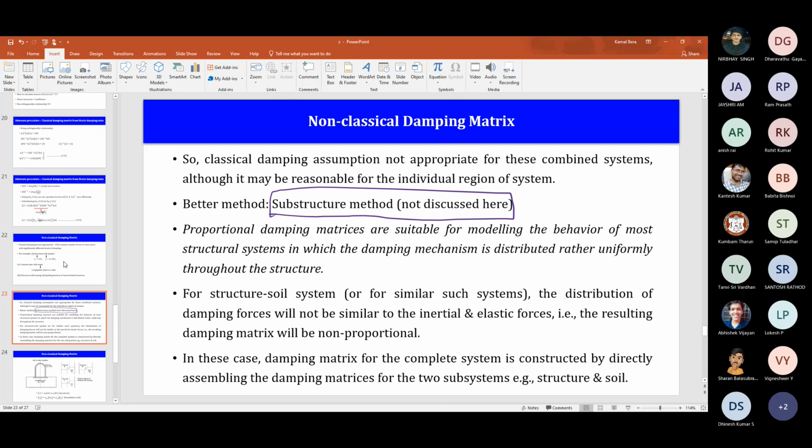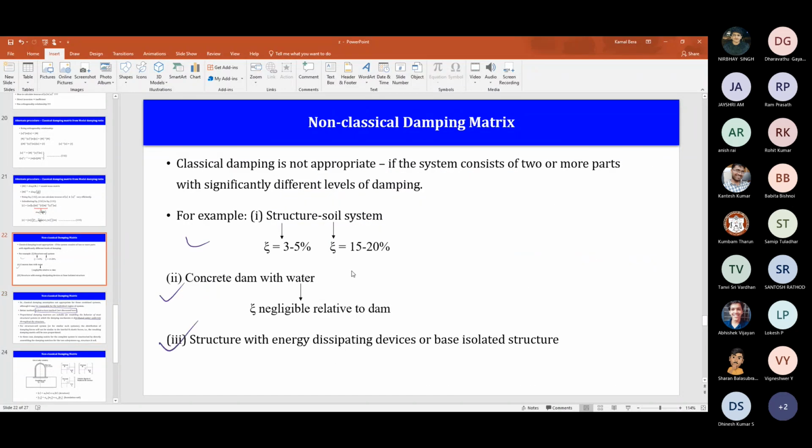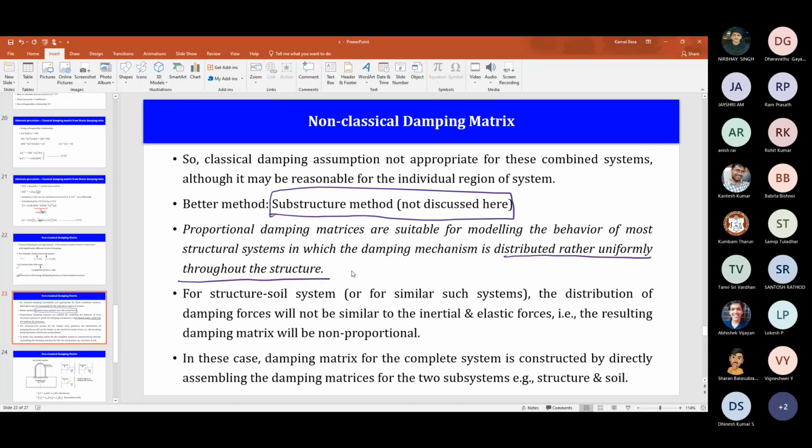Proportional damping matrices are suitable for most structural systems in which the damping mechanism is distributed rather uniformly throughout the structure, which is not the case for these examples. For a soil-structure system, the distribution of damping forces will not be similar to the inertial and elastic forces, so the resulting damping matrix will be non-proportional.